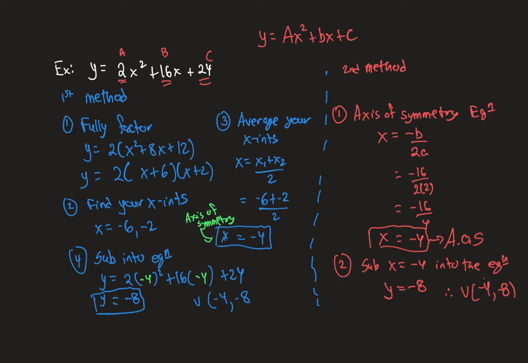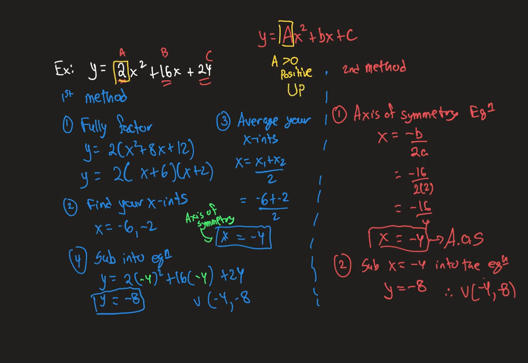So then how do I know whether this y is equal to -8 is my max or my min? Well, because my very first number, my a value, if a is positive, then I know I am opening up.